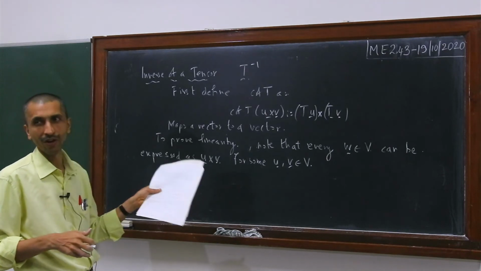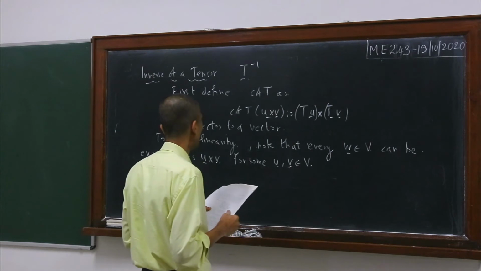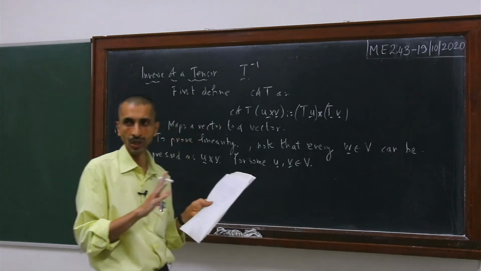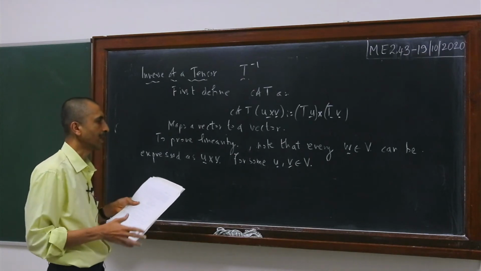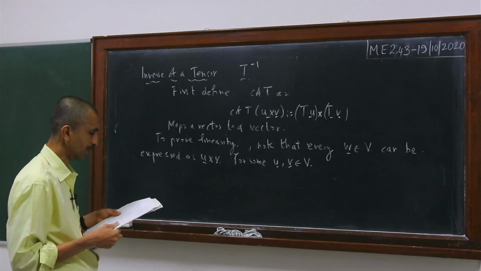It is not very difficult, but you can always do this. So that means every w can be expressed as some u cross v. This choice of u and v need not be unique, but you can always get at least one choice where u cross v then finally gives you w.